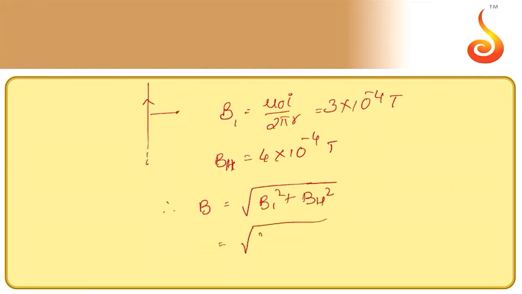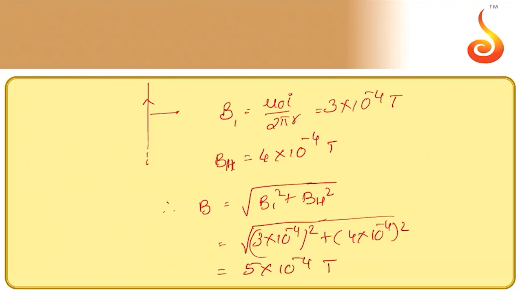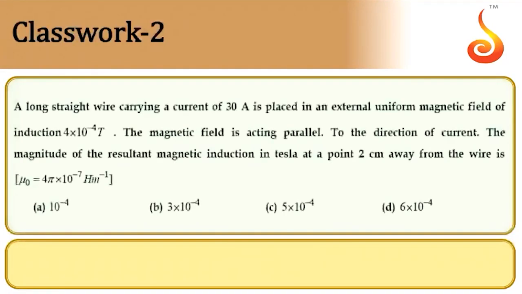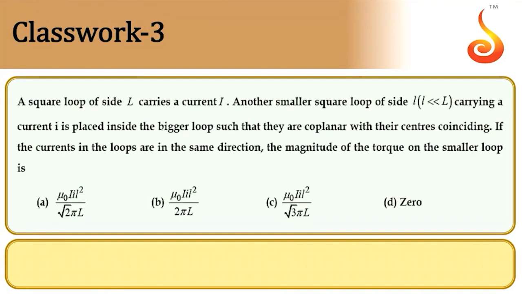So the square root of 3 into 10 to the power of minus 4 whole square plus 4 into 10 to the power of minus 4 whole square, which is equal to 5 into 10 to the power of minus 4 Tesla. So the magnetic field at that point is, sorry, 5 into 10 to the power of minus 4 Tesla. C is the correct choice. Example 3.